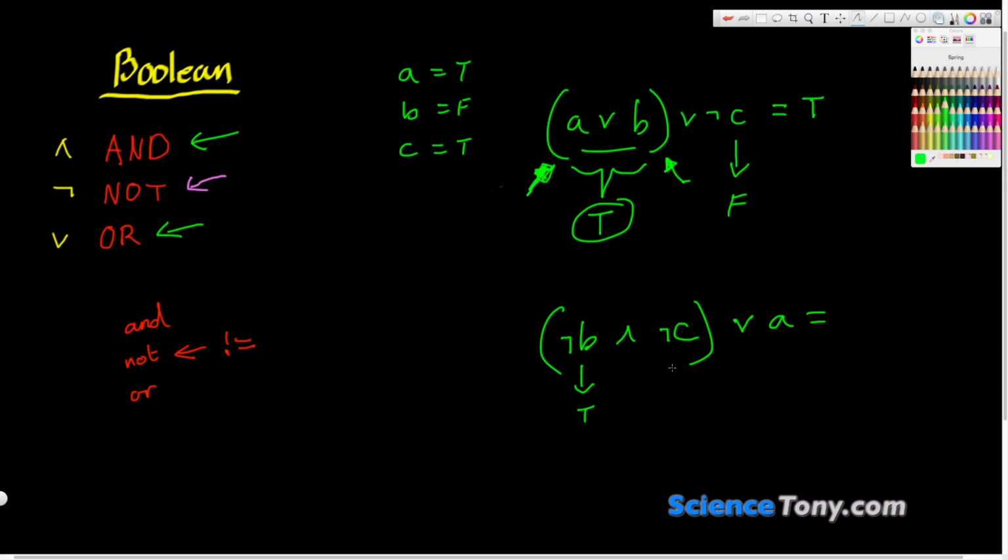C is true, so that's going to be false. And because we have this and here, this whole thing is going to come out as false. And A happens to be true. So we end up with a false and a true. And since we have an or here, this will evaluate to true.